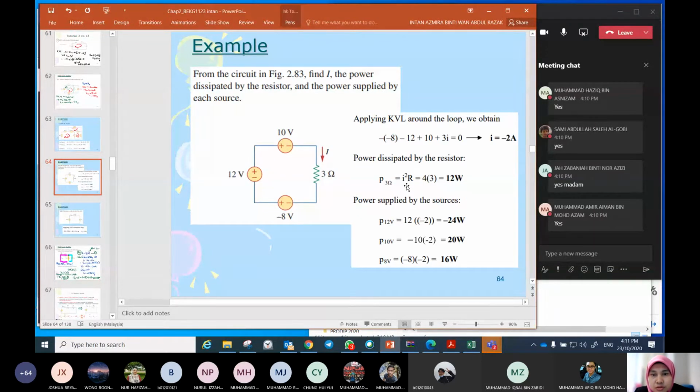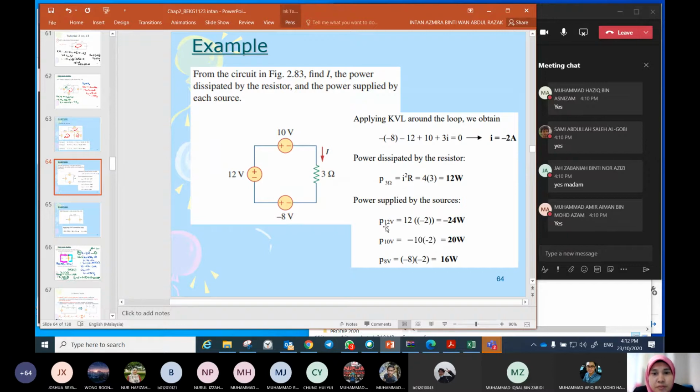If you use P equals IV, we have to know the voltage drop across the 3 ohm. So now we just use I squared R because we know the current flowing through the 3 ohm. So I is minus 2, squared, multiplied by 3, we get 12 watts.